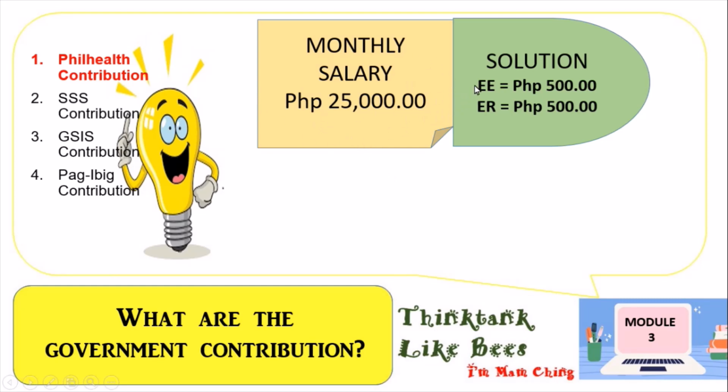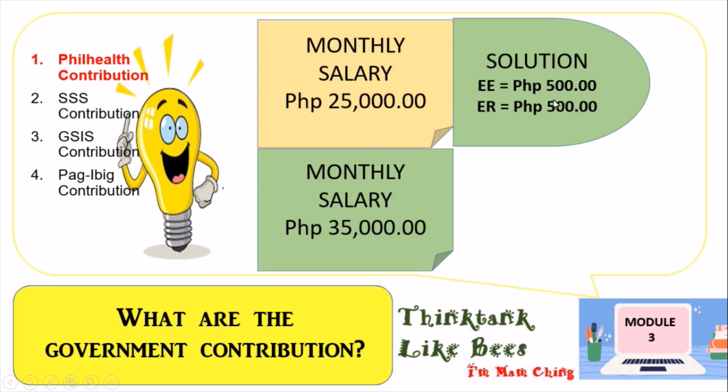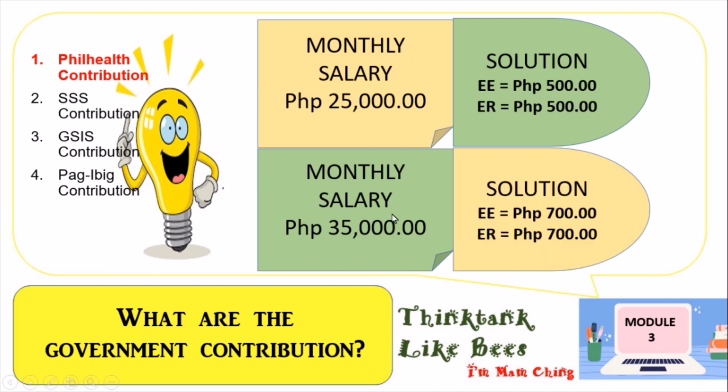The EE portion, you need to multiply by 2%, so you need to pay 500 and also 500 for the employer. Another example is if your salary is 35,000, you multiply it by 2%. 35,000 times 2% is 700 each, both for EE and ER.